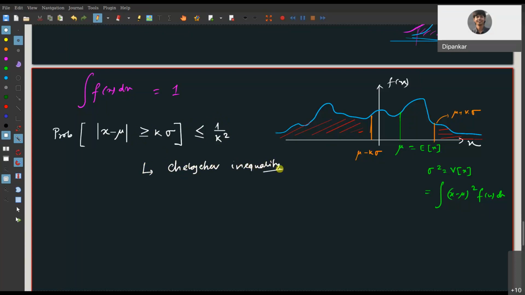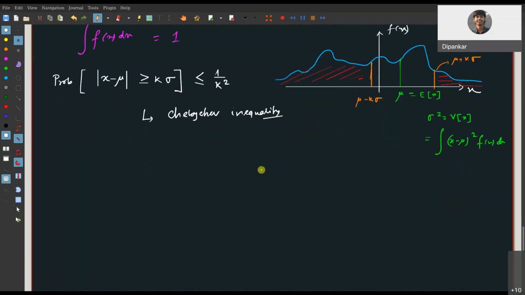Okay, and to convince yourself that this is indeed true, it is quite easy. So see, what is your sigma square? Sigma square is the integral from minus infinity to plus infinity of (x minus mu) whole square f(x) dx.